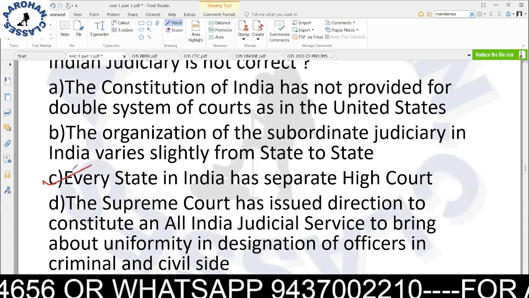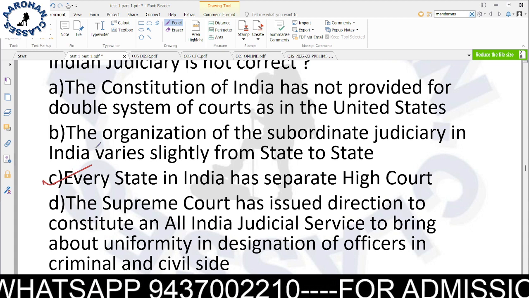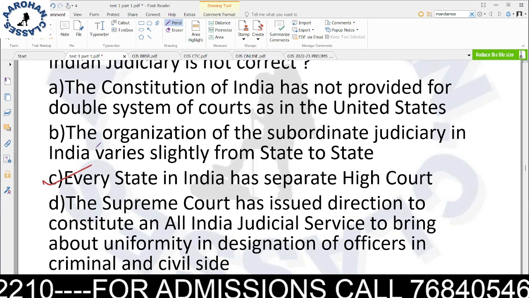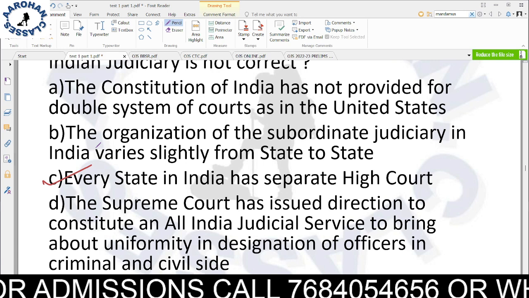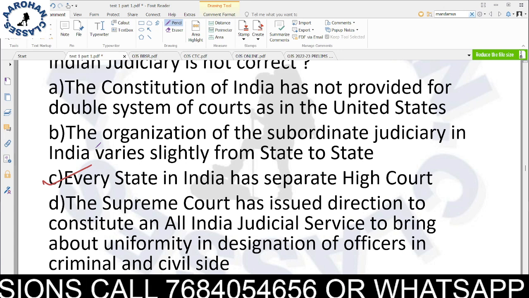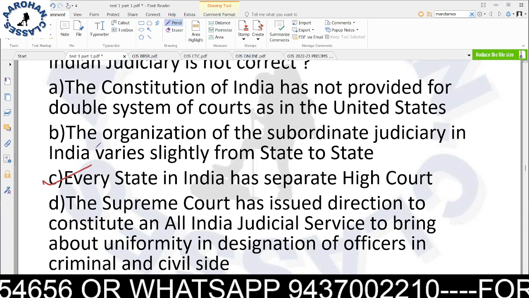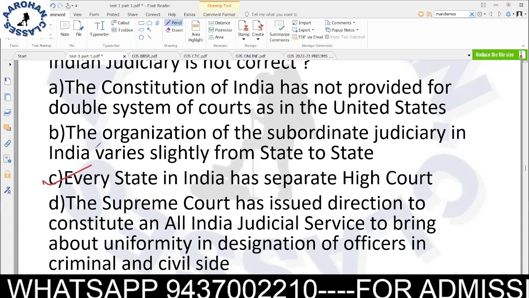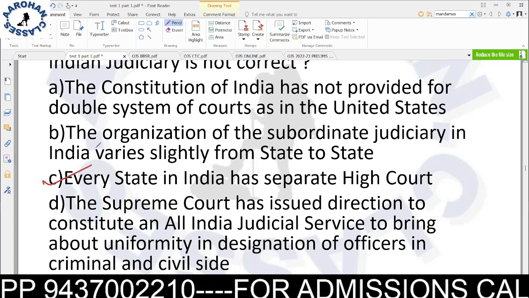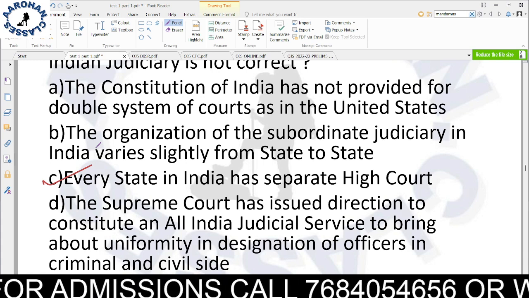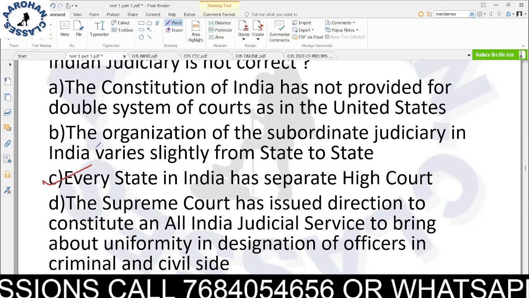Punjab and Haryana, for example. Okay, for the northeastern states, we see the Guwahati high court. Similarly, the Calcutta high court also covers a different territory. So in these cases we see that more than one state or territory is under a particular high court. So every state in India has a separate high court. That is wrong.